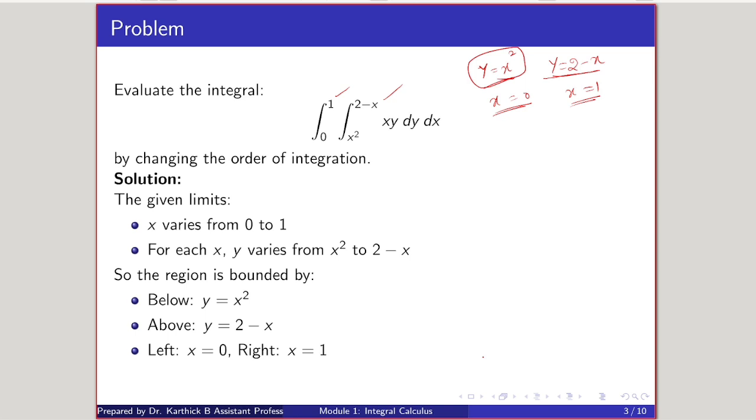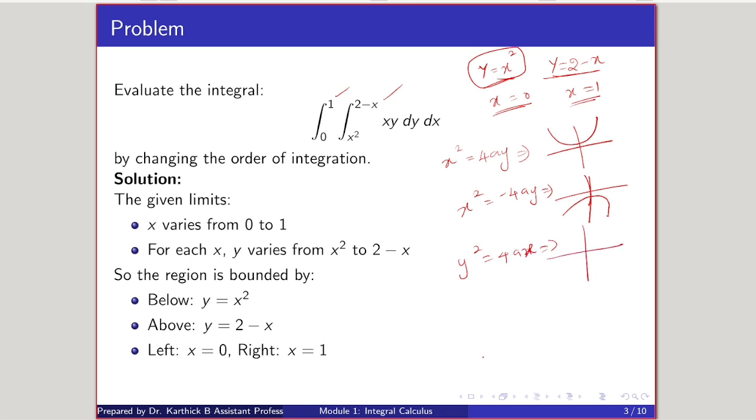Already we have studied: x square equal to 4ay implies a parabola which opens upwards. X square equal to minus 4ay implies a parabola opening downwards. As same, y square equal to 4ax opens rightwards.